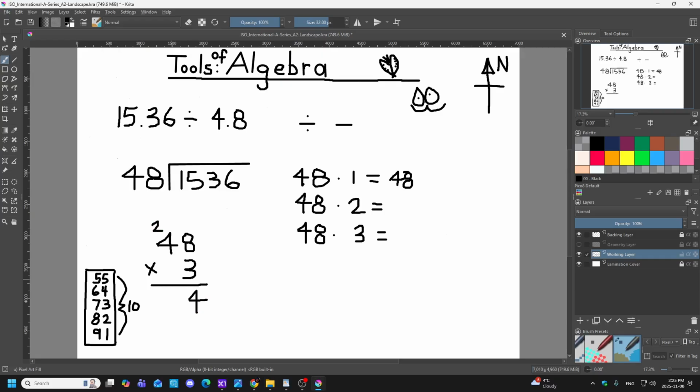Carry the 2. 4 times 3 is 12, plus 2 is 14. All right, there we go.